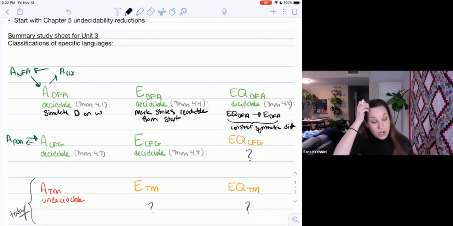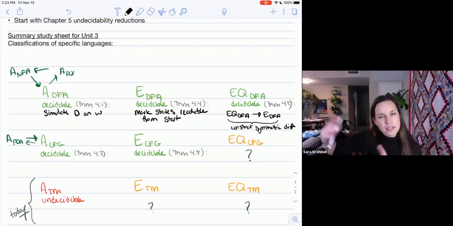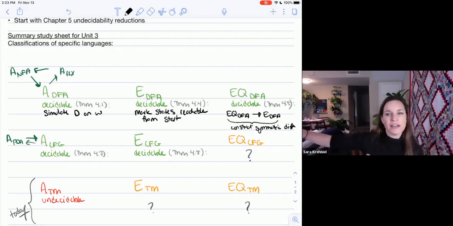So last time we started talking about how these techniques do or don't translate when we start talking about CFGs. Theorem 4.7 said that ACFG is decidable. In the book, they talk about deriving a bunch of strings of a certain length and seeing if W is one of those. We gave a different proof in class.